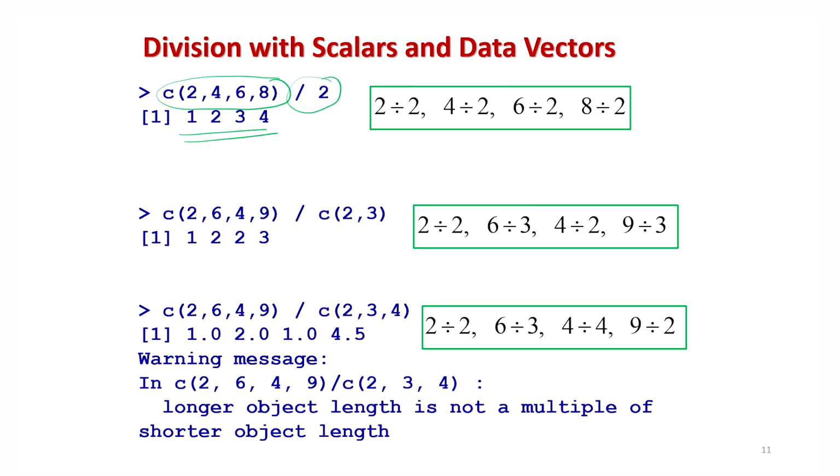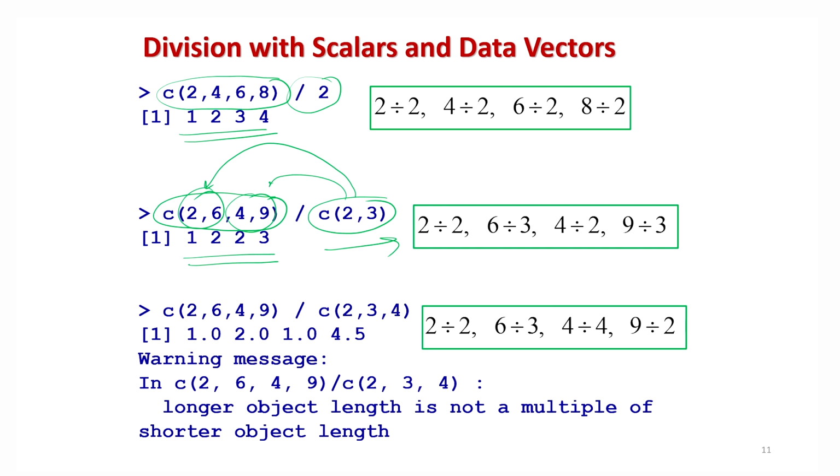And similarly, if I take one data vector of size 4 and another of size 2, then this division is going to happen over the first 2 elements, then once again over the remaining 2 elements. The logic is the same as in addition, subtraction and multiplication, and you get this answer.